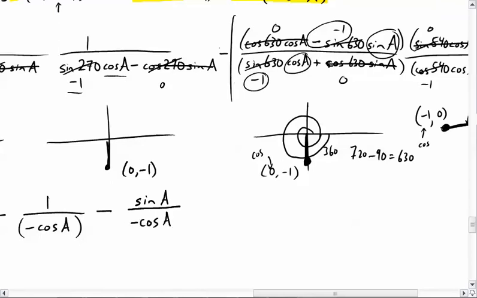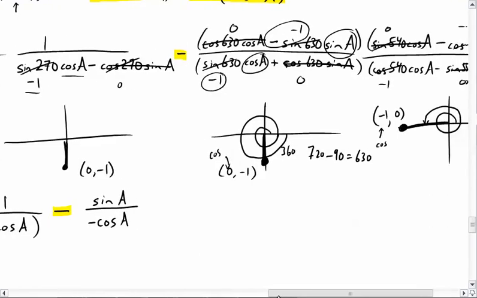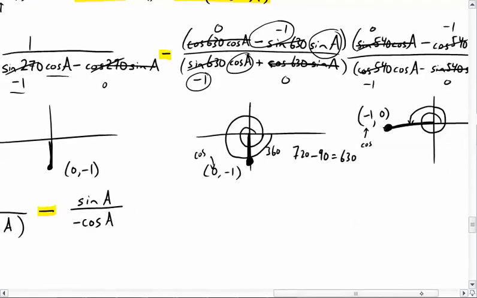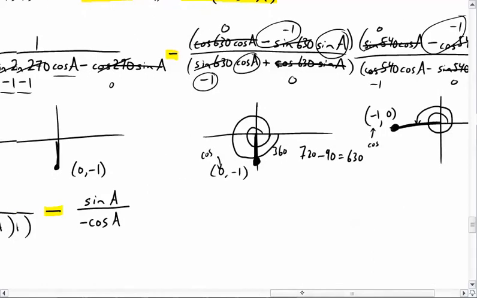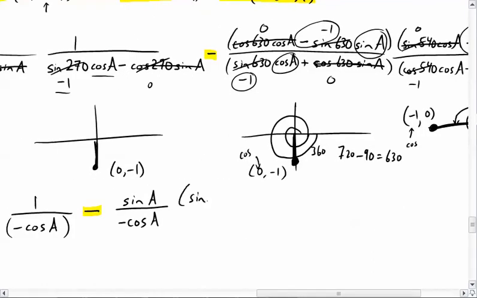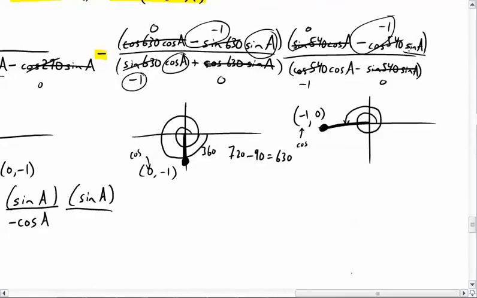And that's ignoring the fact that I also have a negative sign at the front. I'll just keep that there. So the second fraction has negative, again, which is positive, and sine A. So positive sine A. And the bottom is negative cos A.